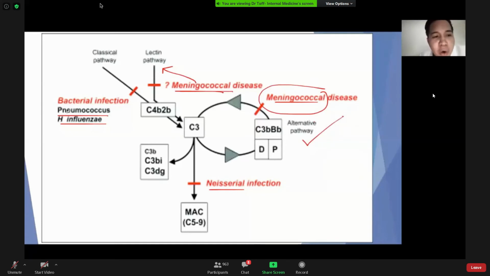Is that clear? Your pneumococcal naman and your HIB, Haemophilus influenzae B, alter naman the classical pathway. Okay? And then your Neisseria gonorrhea, your gonococcal infection, alter naman the MAC or the membrane attack complex. Is that clear? Alright. So in patients with immune deficiency, wherein they have defective formation of the membrane attack complex, then they are susceptible for gonococcal infection. Is that clear? In pediatrics, you will learn that.